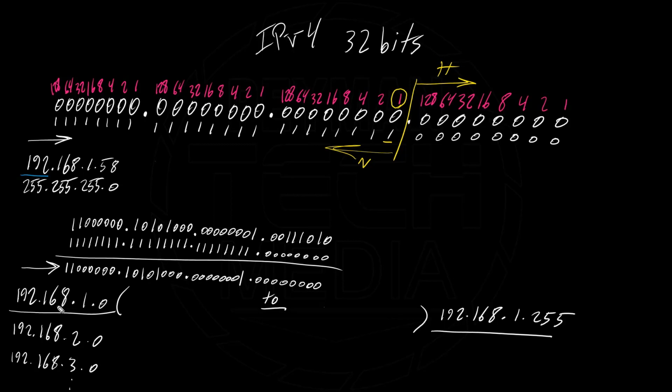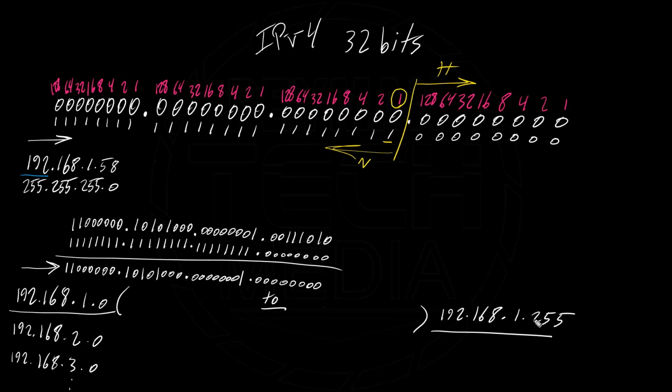We cannot use the network address and the broadcast address, so we cannot assign them to computers, because they are used by applications, routing protocols, routers, and so on. We cannot assign them to an interface, a computer, a printer, or a network print device.